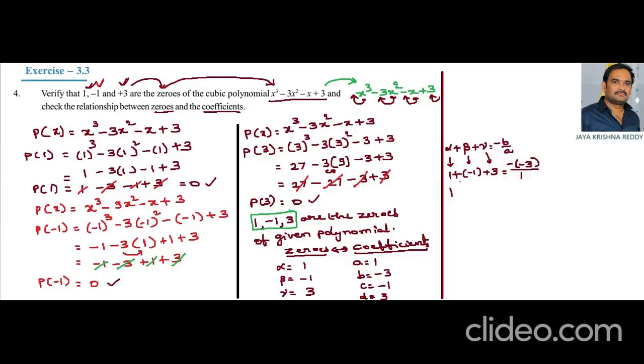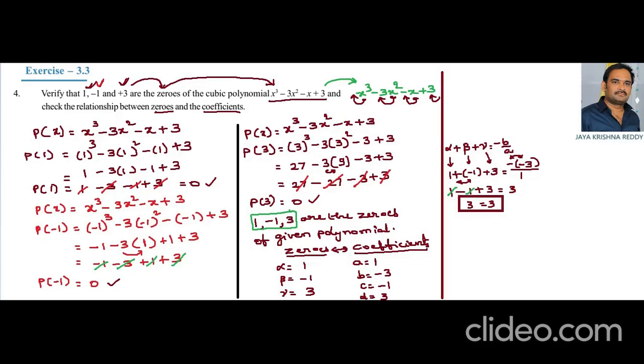So 1 plus into minus is minus 1 plus 3 equal to, here minus into minus is plus, 3 by 1 means 3. So we can cancel plus 1 and minus 1 here. The remaining term on the left side is 3, on the right side is also 3. So this value is verified on both sides, the result is same.